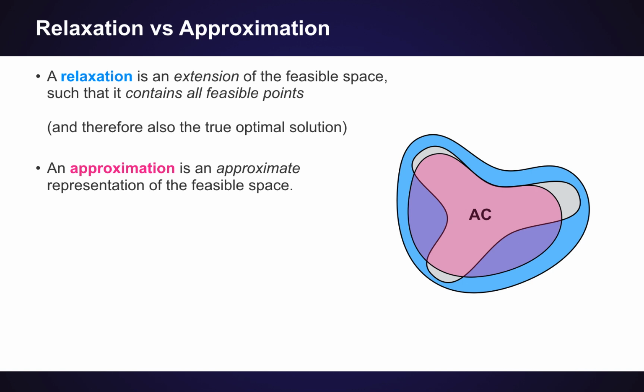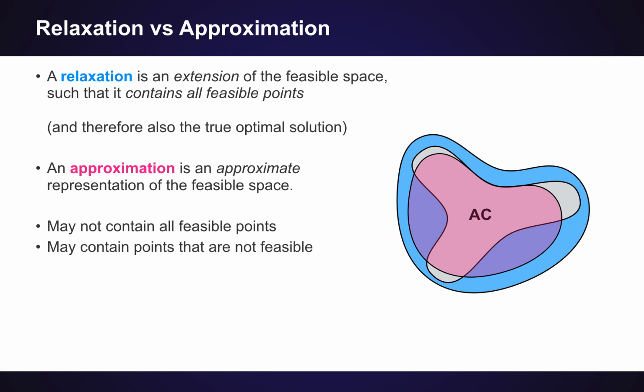An approximation, on the other hand, is an approximate representation of the feasible space. There might be parts of the feasible space where the approximation is a better approximation of the true feasible space. As is here, for example, the pink region is very close to the true AC feasibility region on this upper part, this corner.